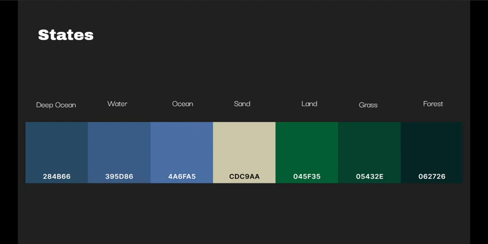The deep ocean can only be next to the water. Water can only be next to deep ocean and ocean. And ocean can only be next to water and sand, and such and so forth. Now, the direction doesn't actually matter. It's just depending on what is next to what.